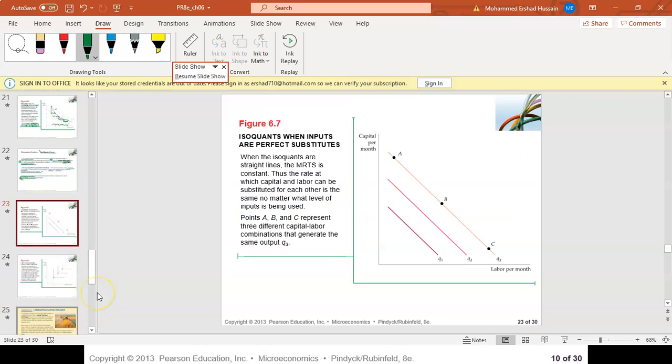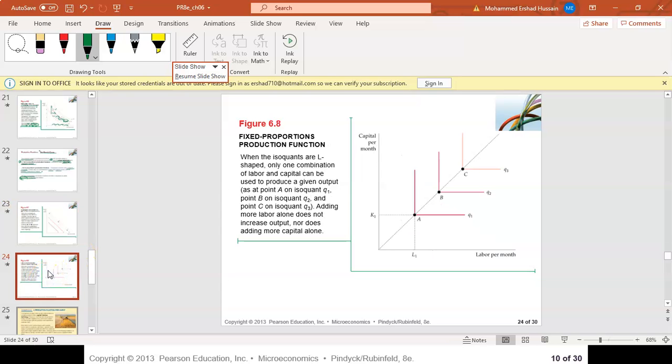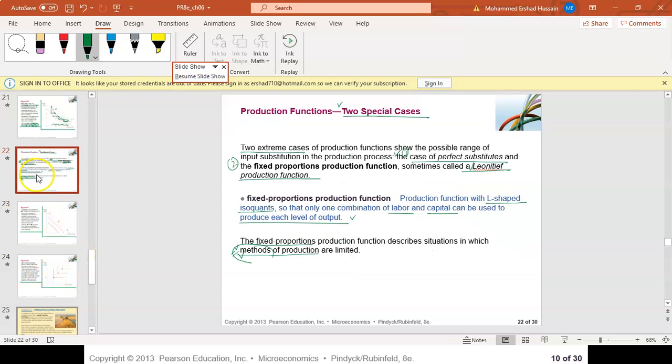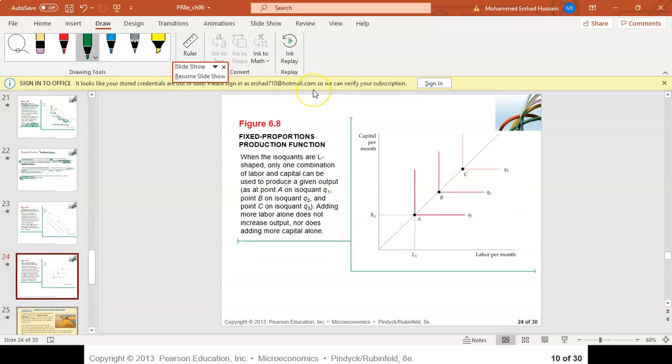Let us see here, fixed proportion is this one, the fixed proportion production function. We have labor on this axis, capital on this axis, and Q1, Q2, Q3 are the isoquants. Look at point A. Only when we use labor L1 and capital K1 is output Q1.